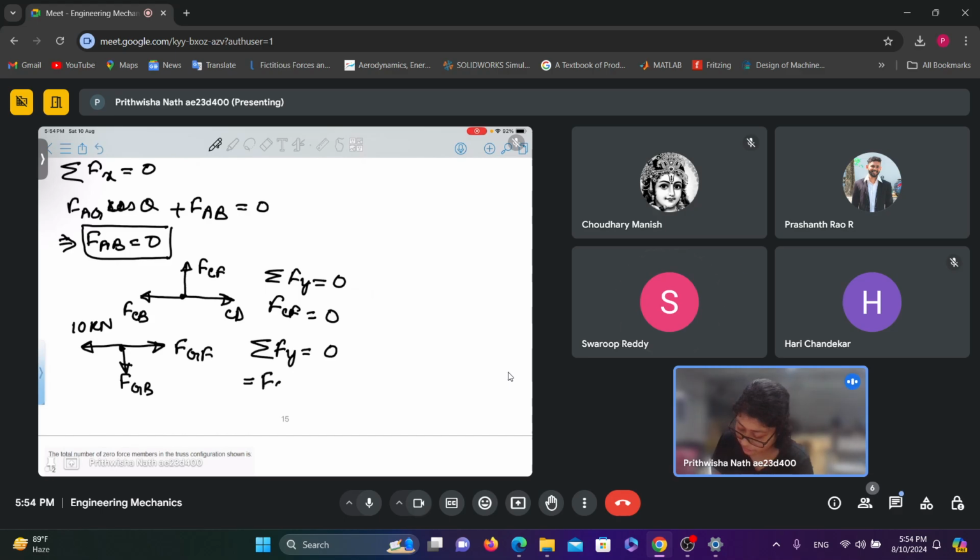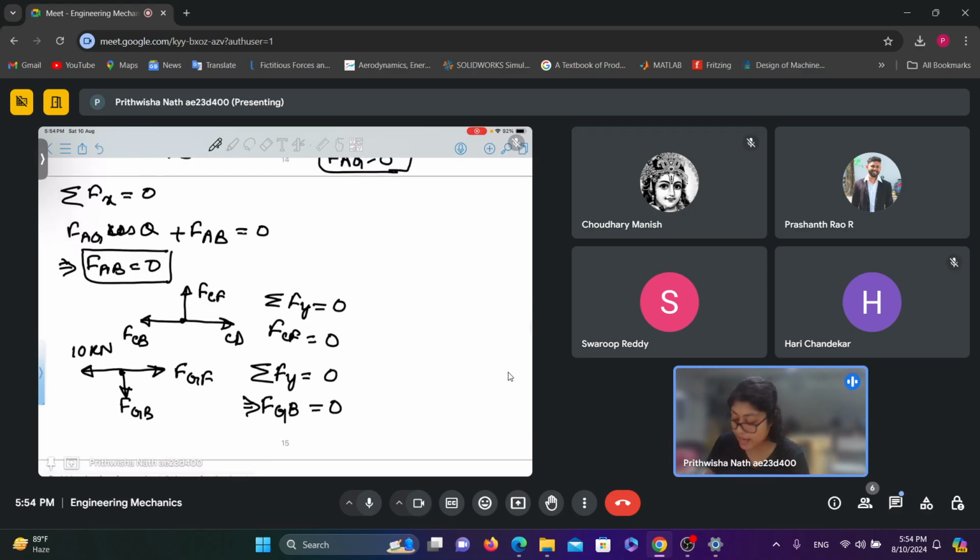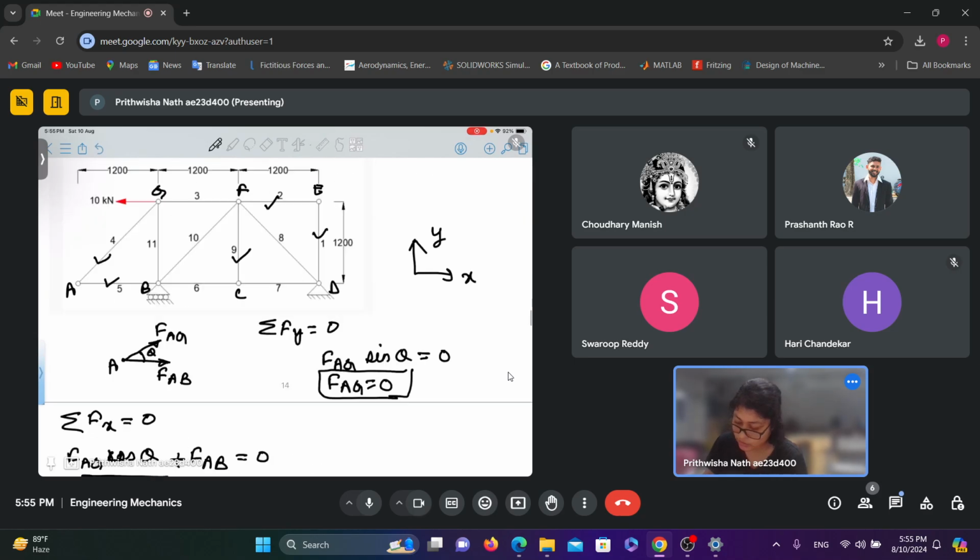Similarly, FGB should also be 0, because there is no external force to balance this force. So this has to be 0, right? FGB. Look at this joint. These two are zero force members, so I'm not considering them for the calculation.